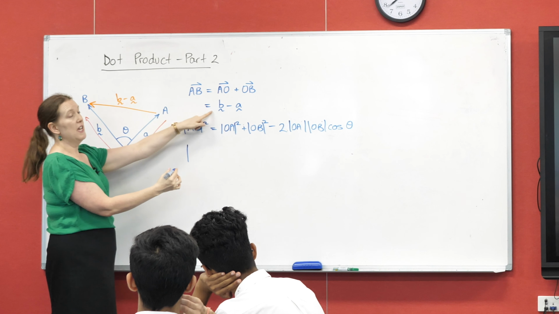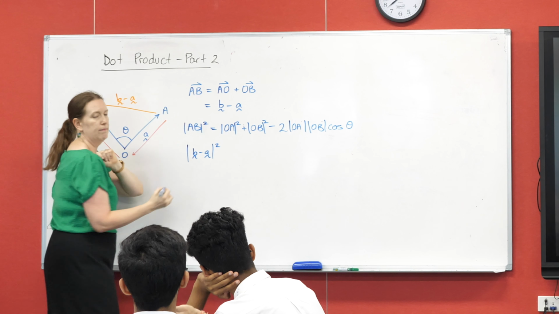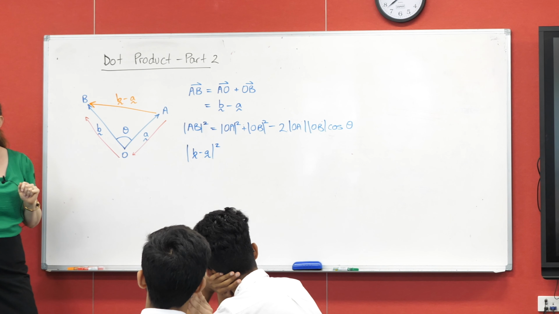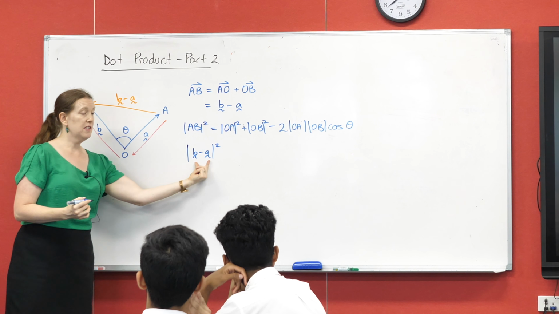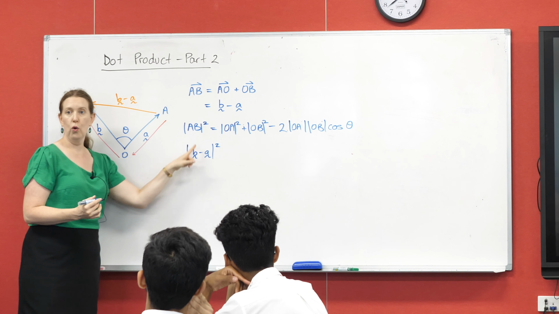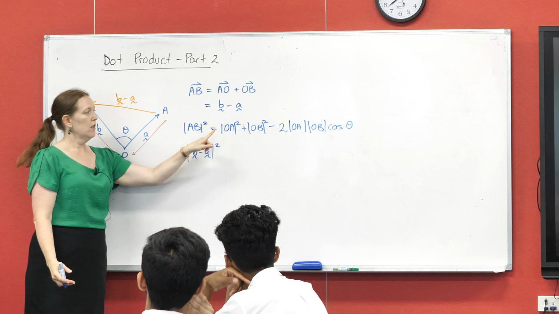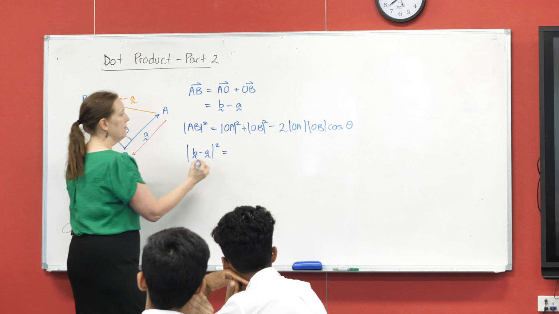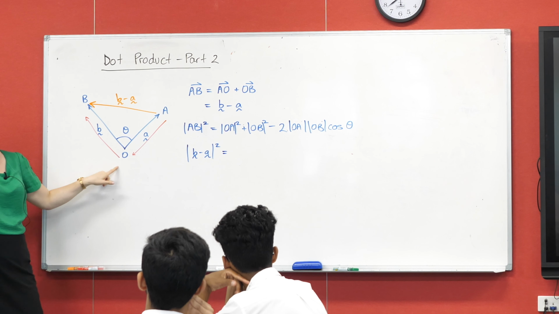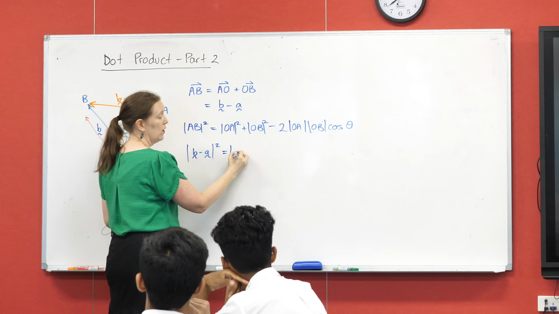Vector AB had this lovely little sign. We worked that one out earlier. So yes, this is a vector, but I've made it a magnitude so I can call on something that relates to length. For OA, what are we getting? a. Does it have to be negative a, or can it just be a?